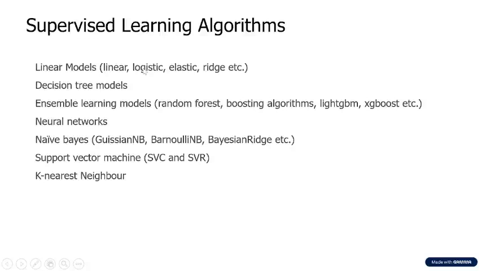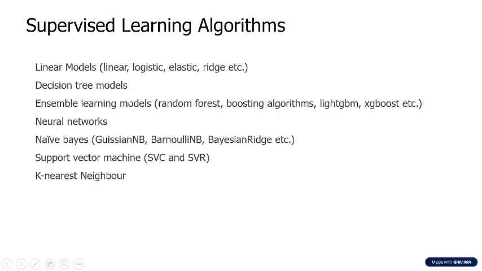Then we have the logistic regression model. This logistic is the opposite of linear. Linear is used for regression, this one is used for classification. If you want to use a linear model for classification, you can only use logistic regression. So when we start classification properly and you hear me making reference to a linear model, it's because logistic regression is the linear model used for classification.